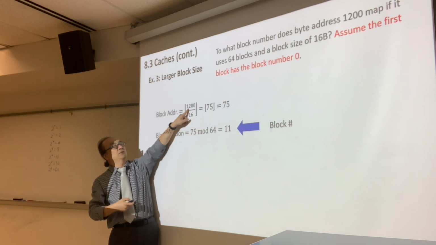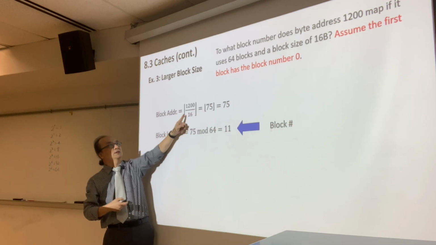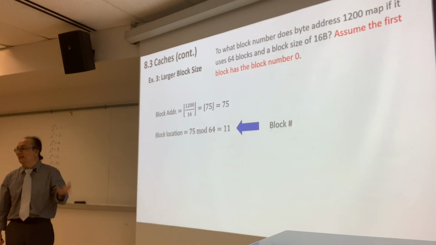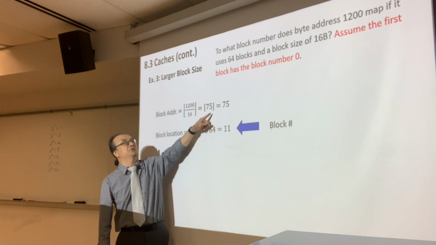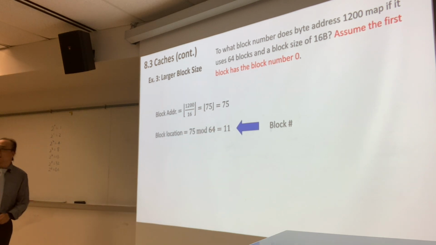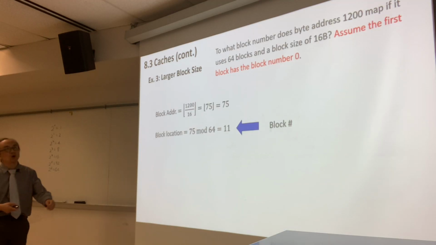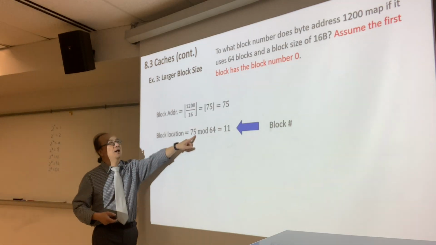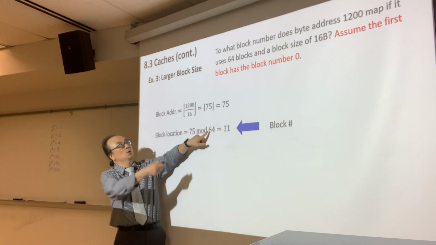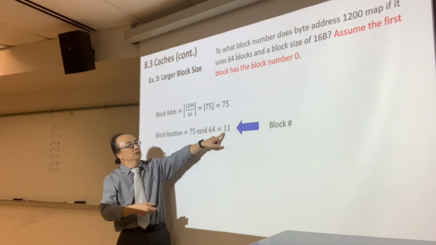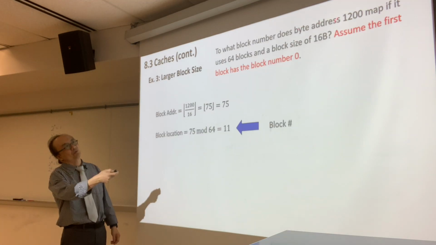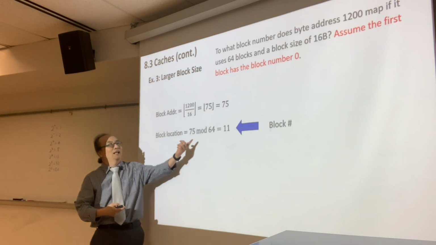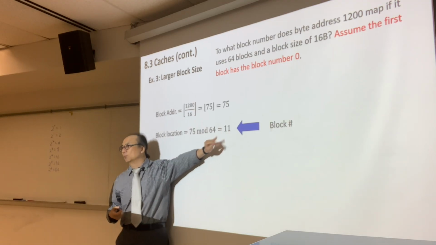That's why we divide 1200 by 16. This symbol means rounding down. If this is the decimal point, we round down. So we get 75. But we only have 64 blocks. That's why we take 75 modulo 64, which is 11. That's the block number. Byte address 1200 is located in block number 11.